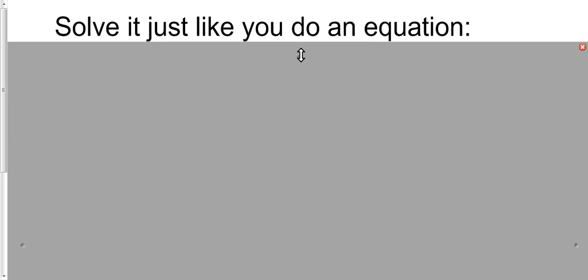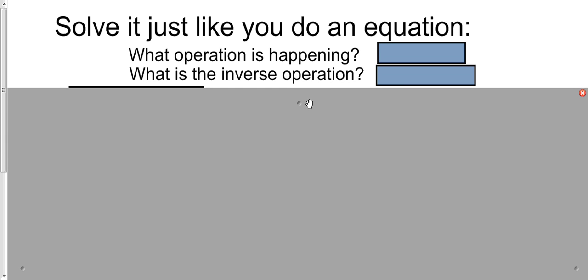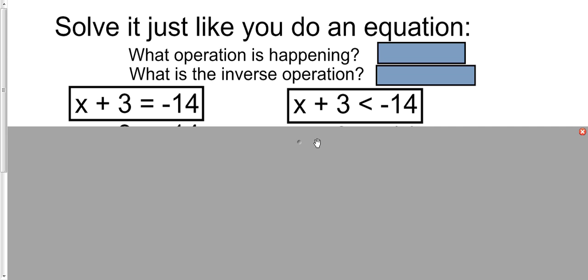Solve it just like you do an equation. First ask yourself what operation is happening, and then ask yourself what is the inverse operation. So, for the equation x plus 3 equals negative 14, and for the inequality x plus 3 is less than negative 14, both involve addition.